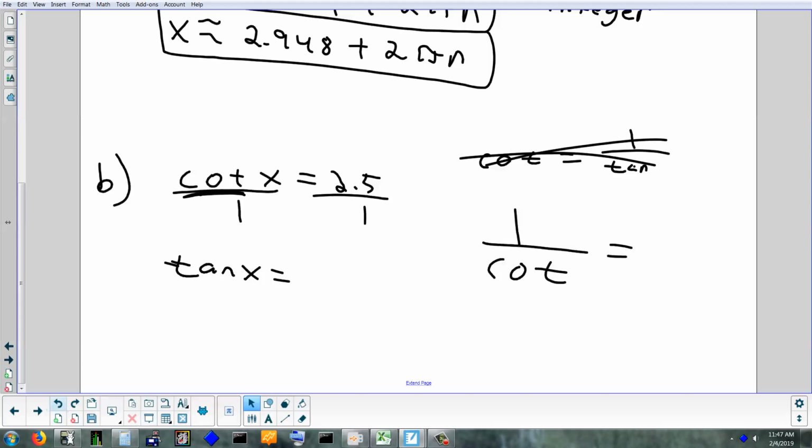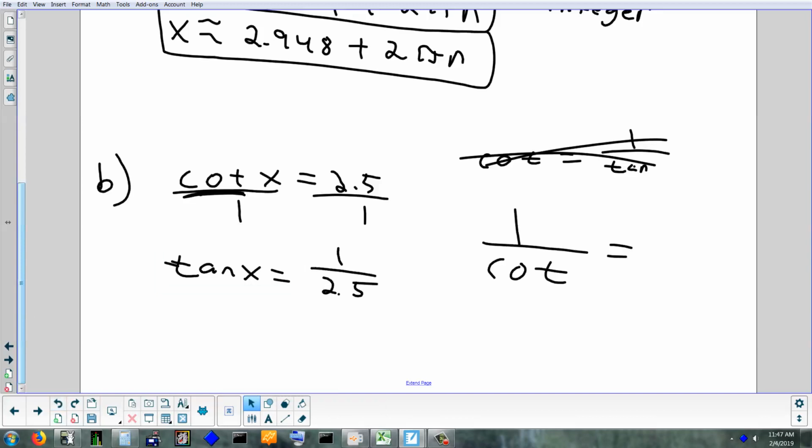It became 1 over cotangent, and if you flip the cotangent, that's the tangent. Now, if you flip what's on the left, you got to flip what's on the right. You got to do the same thing on both sides. If you flip 2.5, you get that. So this is exactly the same problem you started with, except now you've written it with a function you have a button for on the calculator.